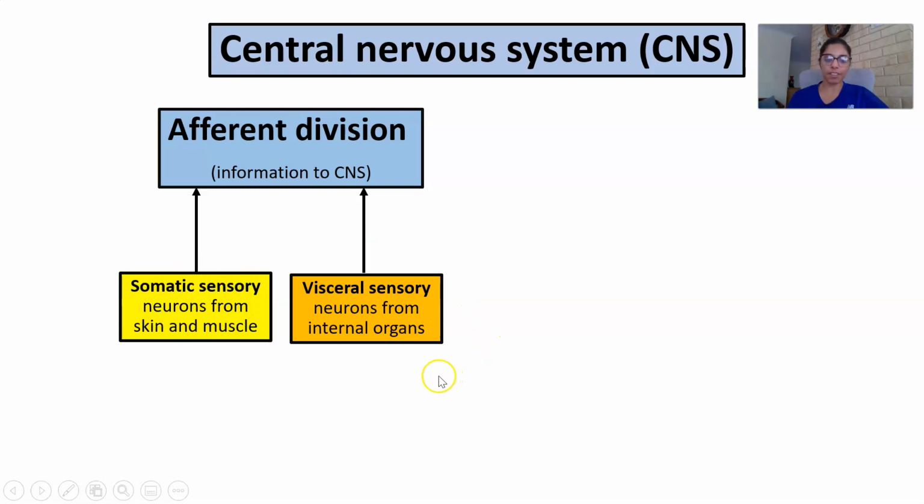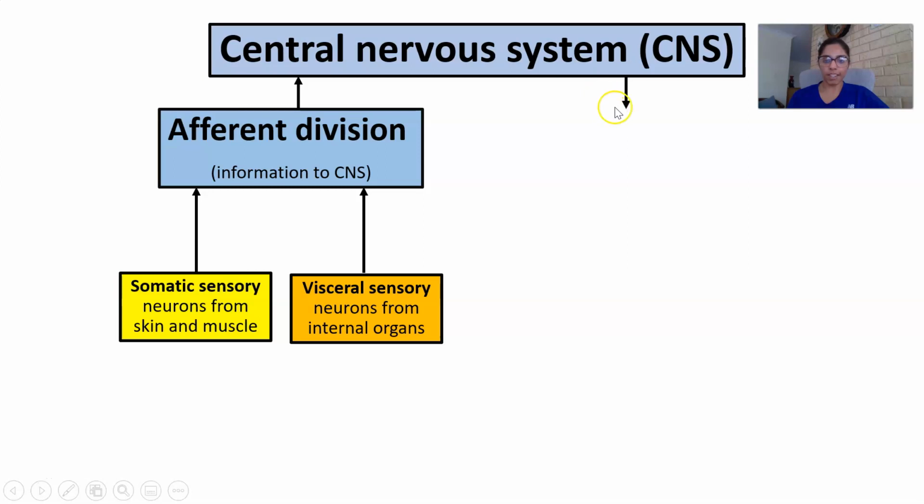Visceral sensory is under unconscious control, or subconscious control, I should say. And this is from internal organ structures. Information from both these divisions of the afferent or sensory nervous system is sent to the CNS.